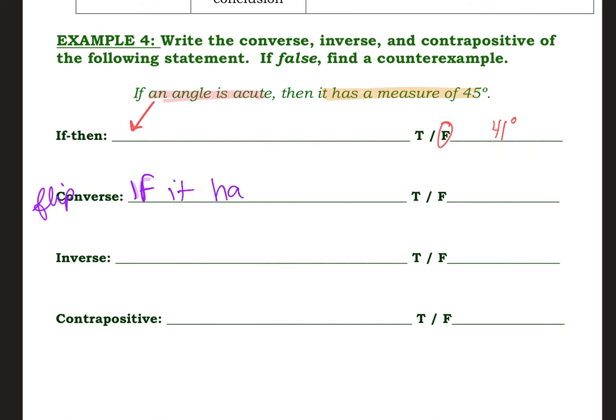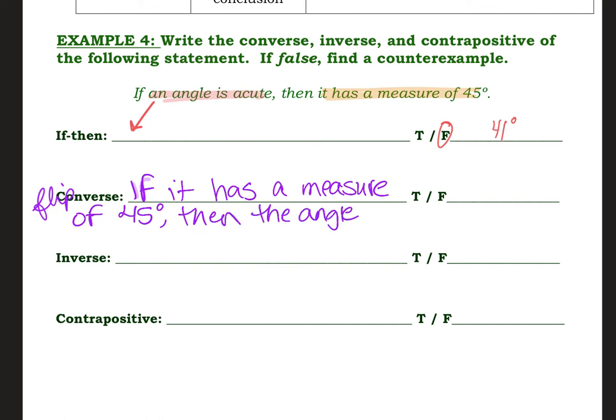If it has a measure of 45 degrees, then the angle is acute. Is that true or false? If it has a measure of 45, then the angle is acute. That's true. Okay. Right, if it's 45, it has to be considered acute.